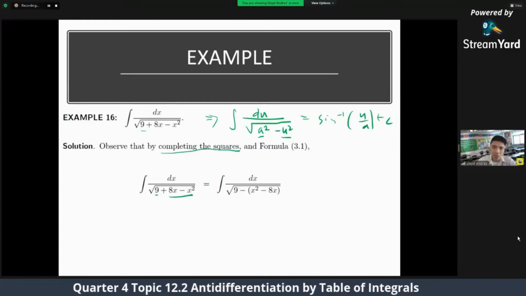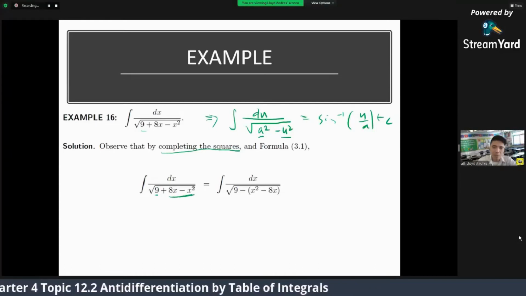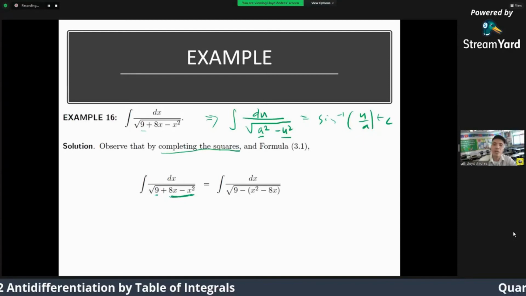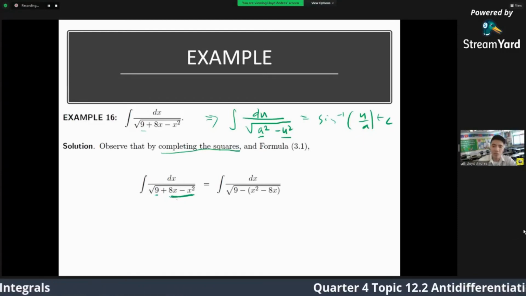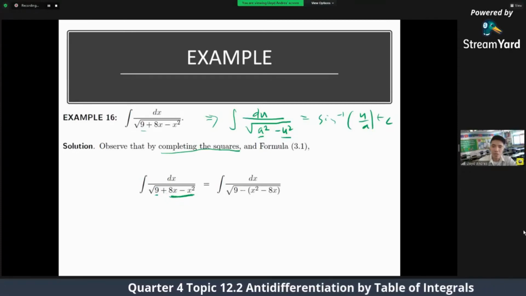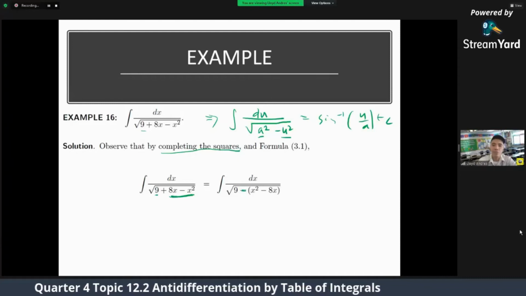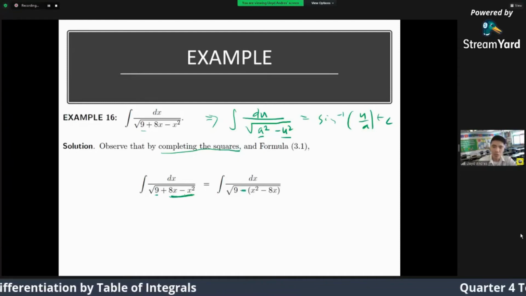So kanilang atong i-completing the square. Kaning 8x minus x squared, ang gibuhat, gi-factor out niya si negative. Tapos gipalabas niya si x squared. So factoring negative kay x squared, ma-positive na siya.